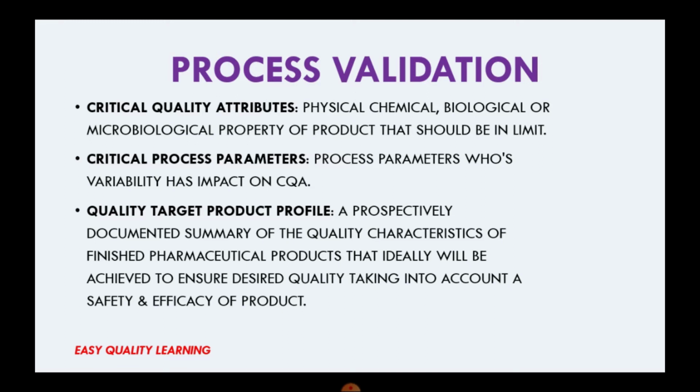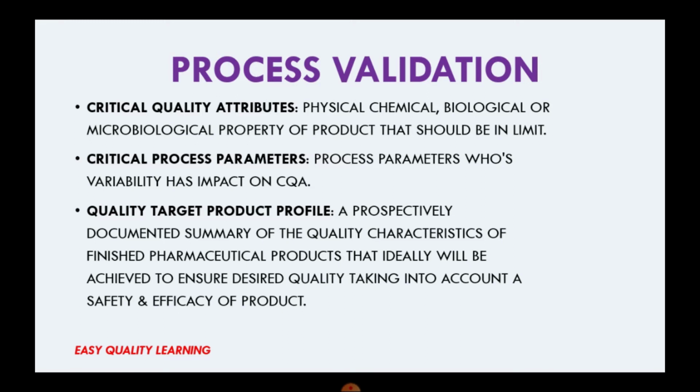So this is a critical process parameter. Your mixing time and mixing process is also a critical process parameter. If adequate mixing is not done, then your uniformity of content or uniformity of blend will not come.